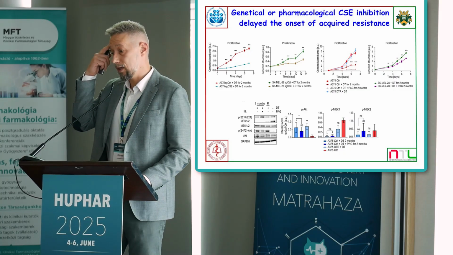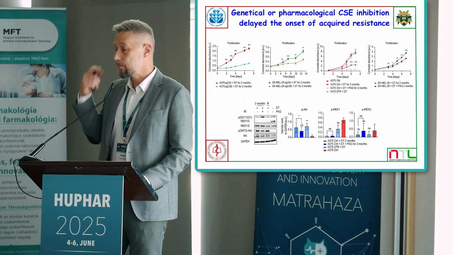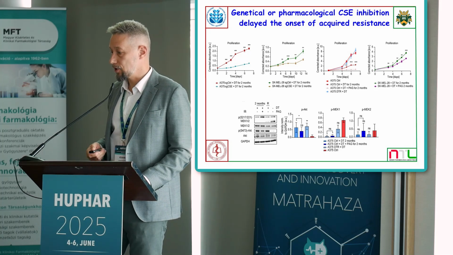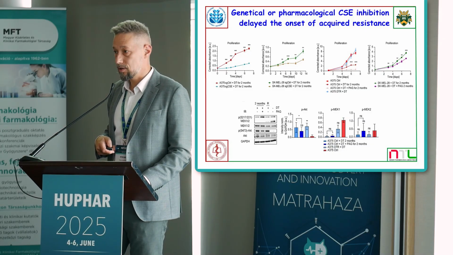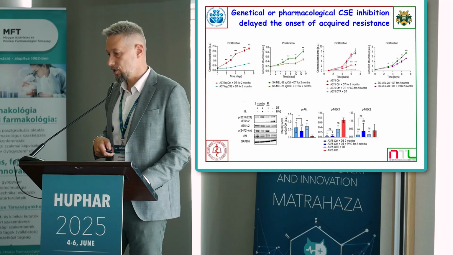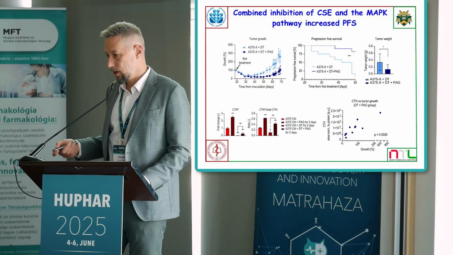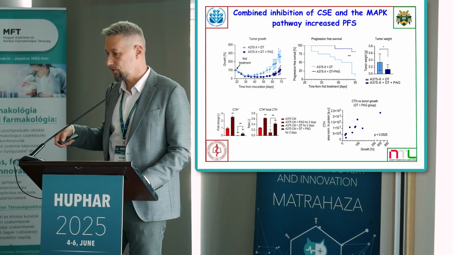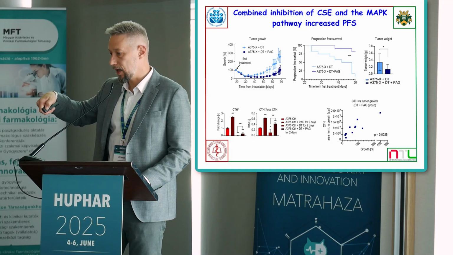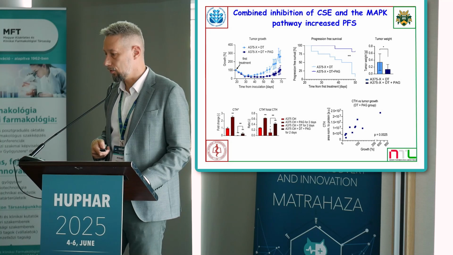And what is most interesting here is that if you pharmacologically or genetically inhibit CSE in this model system in the cells, you can inhibit resistance development very efficiently, suggesting that this could be an interesting combination therapy for these patients. In animal models, when we utilized a CSE inhibitor, propargylglycine, together with the drug, you can see that progression-free survival was very efficiently elongated in the combination therapy.